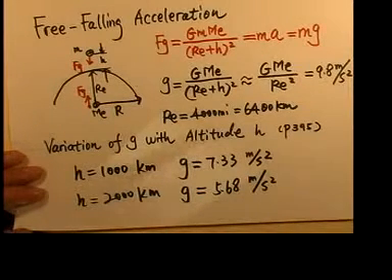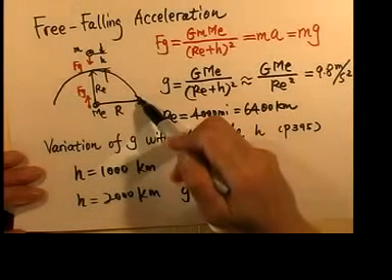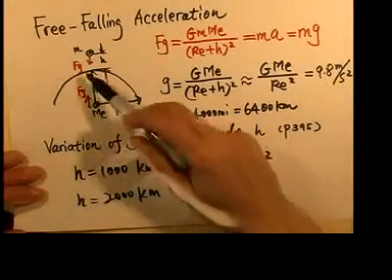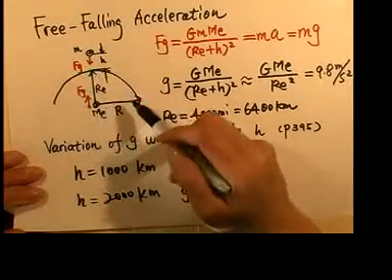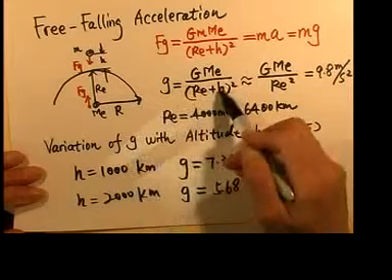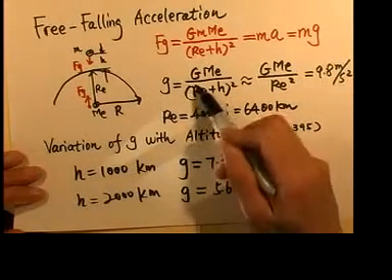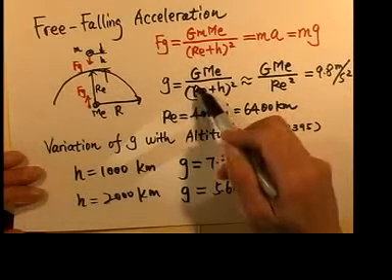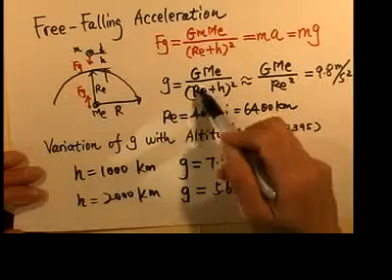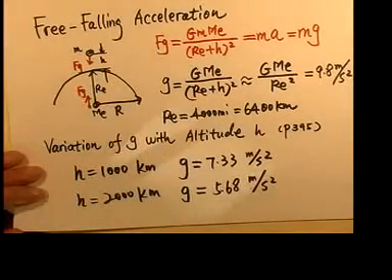And one more thing I want to mention is that the g around the equatorial region is slightly smaller than the g at the North Pole, South Pole, because look at this equation. If we're near the surface of the Earth, we can ignore h. But when you plug in radius of the Earth around the equator, this R_E is relatively bigger compared to the radius of the Earth at North Pole or South Pole.